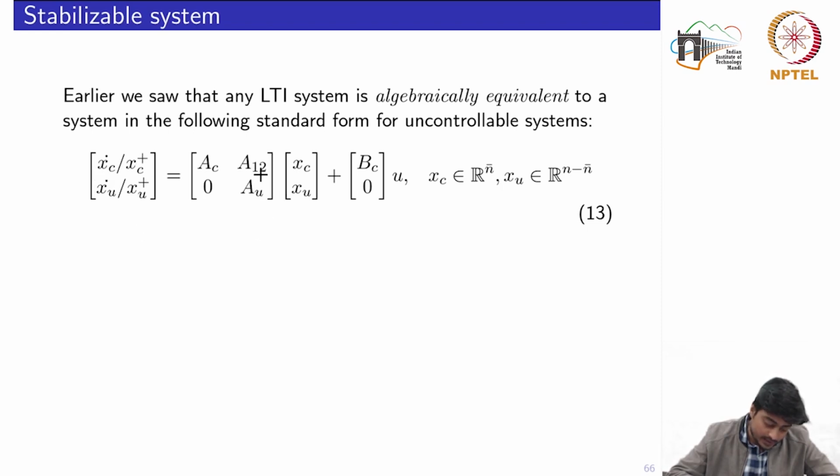This is the upper right hand side triangular matrix in which we have decomposed, and similarly the B matrix, by introducing a non-singular matrix. If you want to recall the definition of algebraic equivalence, it was discussed in detail in the first week when we discussed the state space solution and realization.